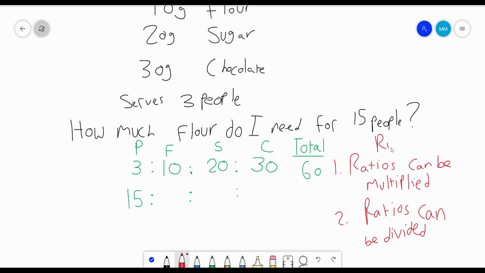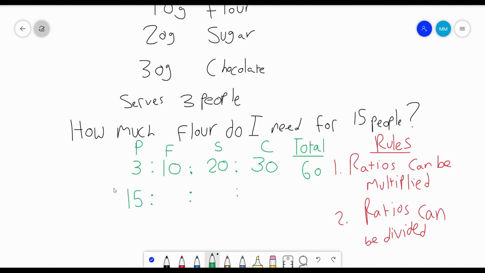As I said, ratios will either be a rule 1 problem or a rule 2 problem. Let's go through it. We've got 3, 10, 20, 30 on the first row, and in the second row all we know about is 15, and we've got these missing numbers here. We need to fix this.